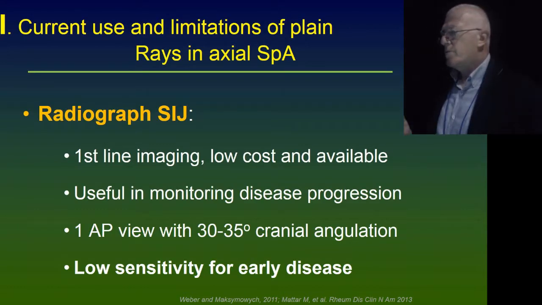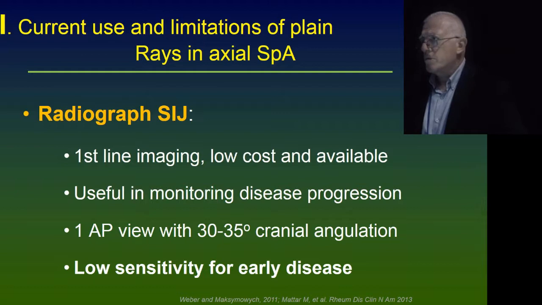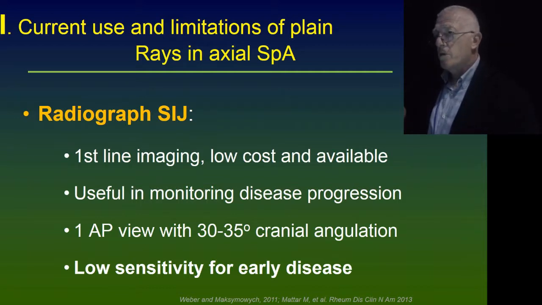So the second part of this lecture is to treat the plain radiographs regarding their current role. It's a low-cost examination, is widely available. It's the first-line one, but we don't have to repeat them every year or every 6 months, because as we said previously, we need 5 years after the onset of symptoms in order to have lesions.